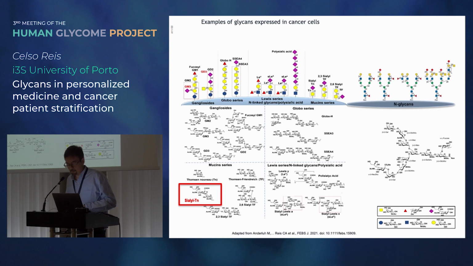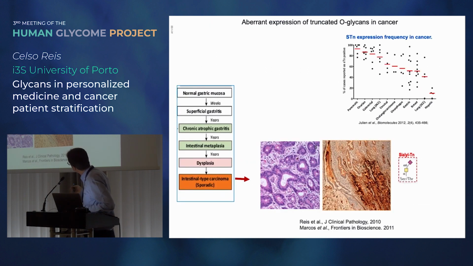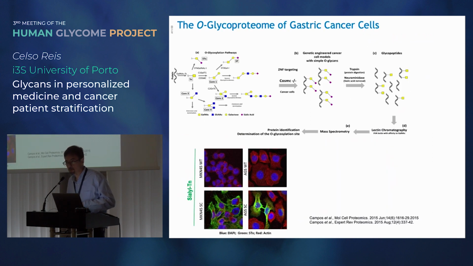So the first that I wanted to mention is the sialyl-Tn, because it's a very highly expressed tumor marker that is expressed not only in this case in gastric carcinoma, but in many tumors, so it's somehow selected in these tumors. Actually, we know in some cases how it is selected. And at that time, we wanted to understand what were the carrier proteins of this sialyl-Tn.